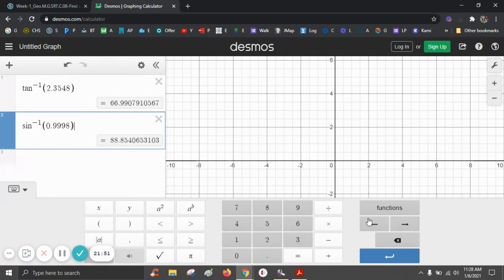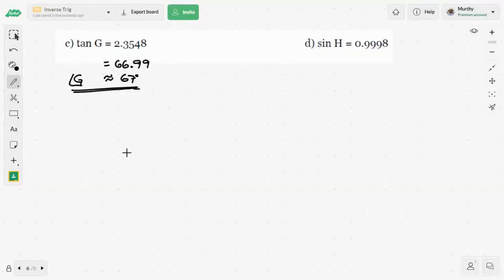So it is 88.85. If you want, you may round it to 89 degrees. So the value of H is approximately equal to 89 degrees.